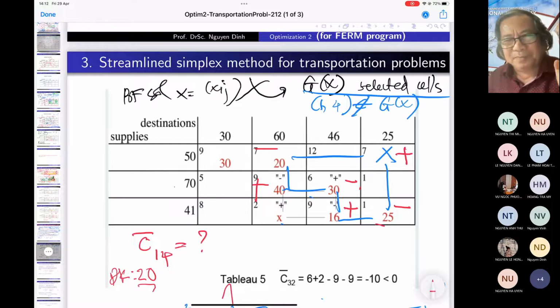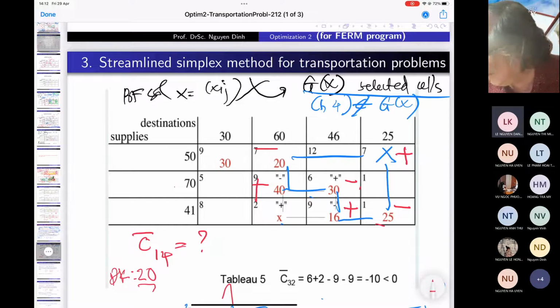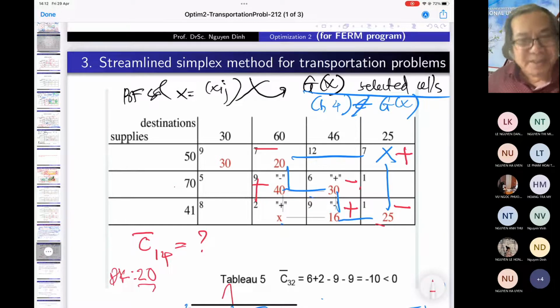Another one. Đăng Khoa says 20. Another one. What is C bar 1, 4? It's very easy. Hello? 13. 13 or 30?